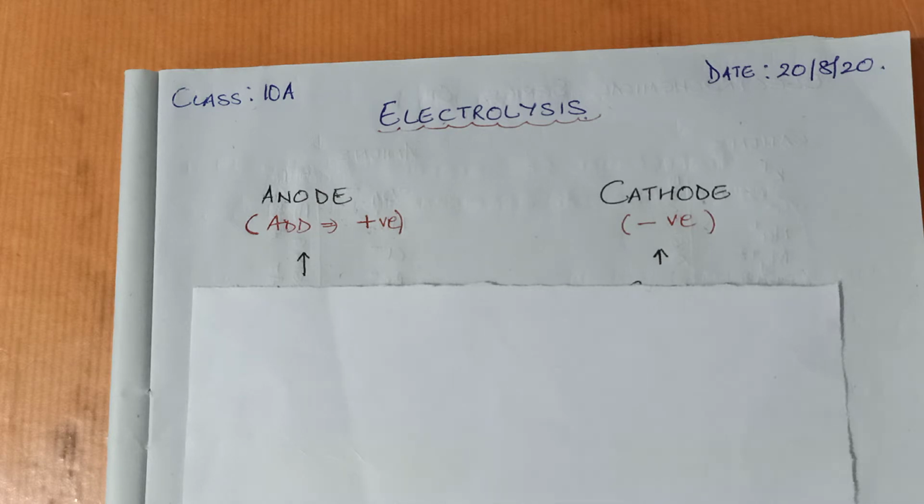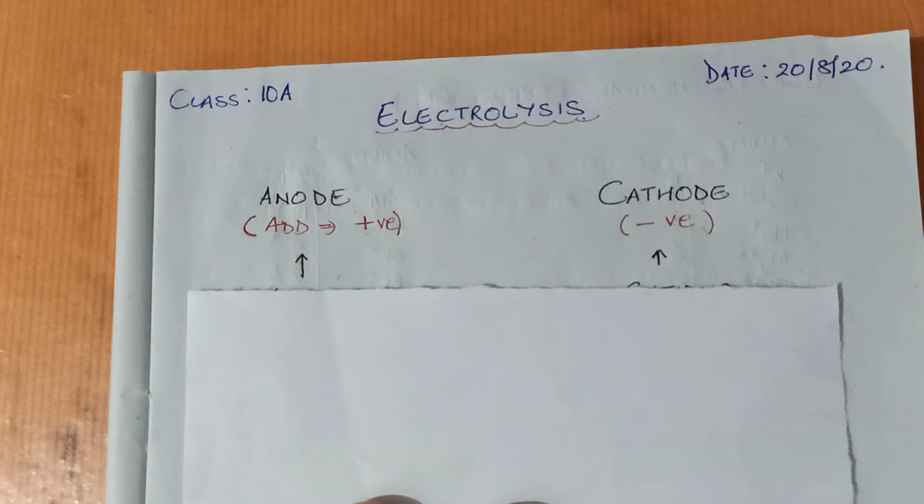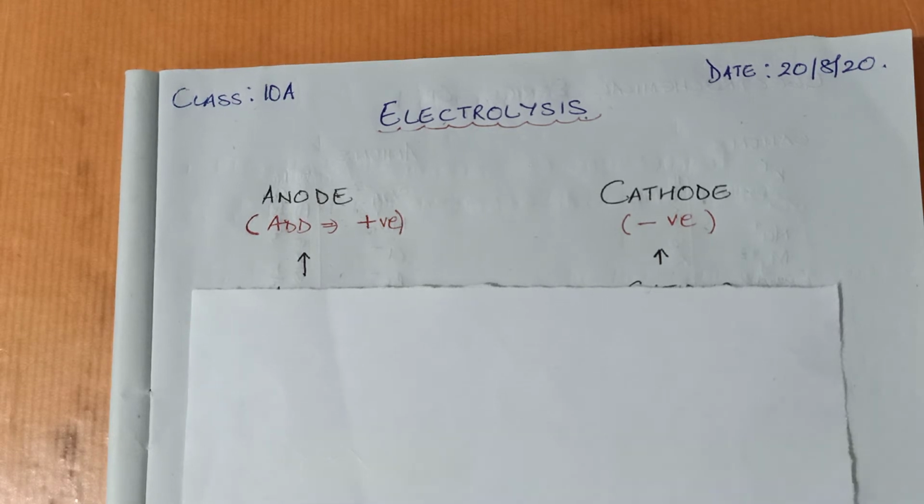We have studied ions from class 7 onwards. Ions are charged particles and they are formed either by the loss or gain of electrons by a neutral atom. There are two types of ions: anions and cations. Anions are negatively charged ions, whereas cations are positively charged ions.